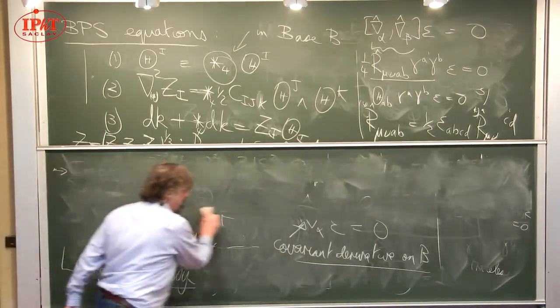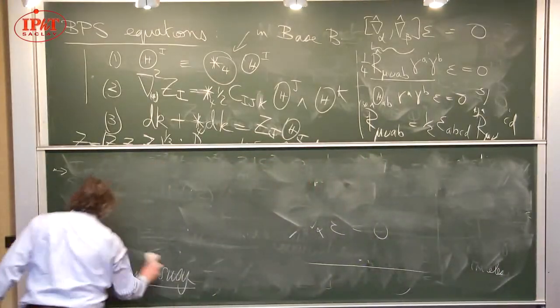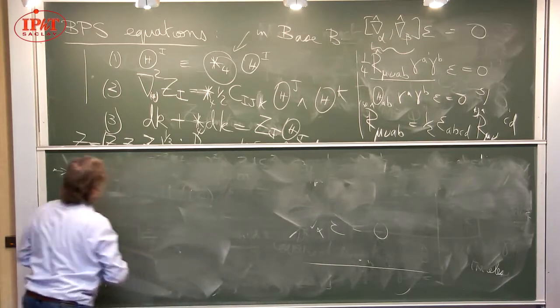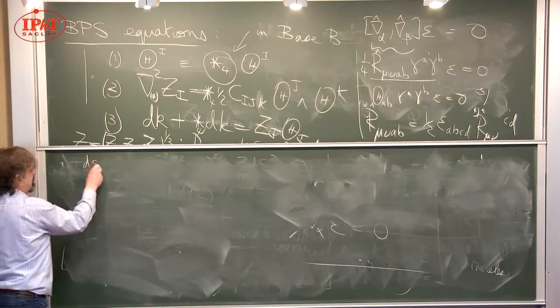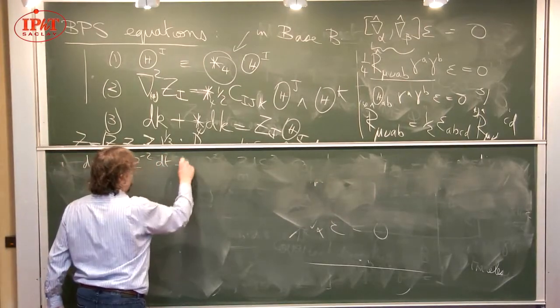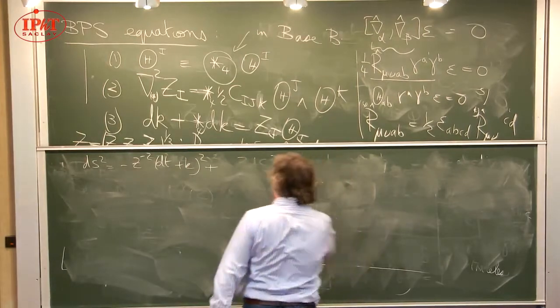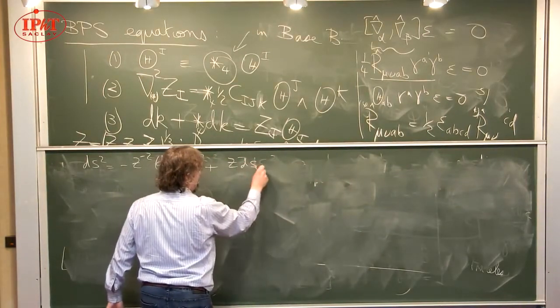First and foremost, let's just remember where everything is in the Maxwell field, the basic Maxwell field and the basic metric. The metric is here: ds squared is equal to minus Z to the minus 2 (dt plus k) squared plus Z ds4 squared.